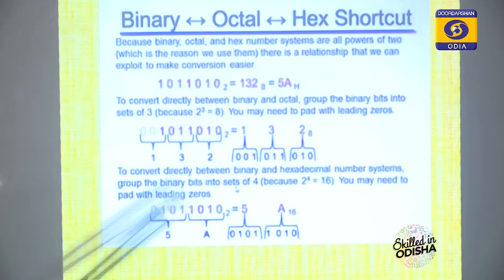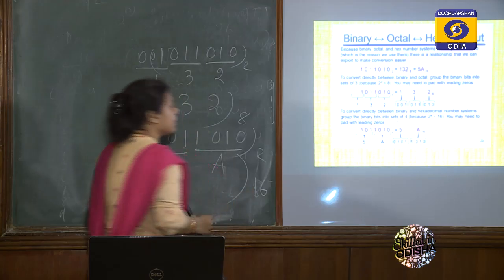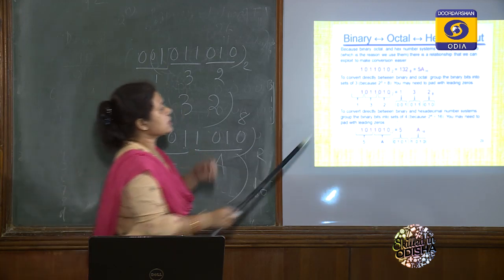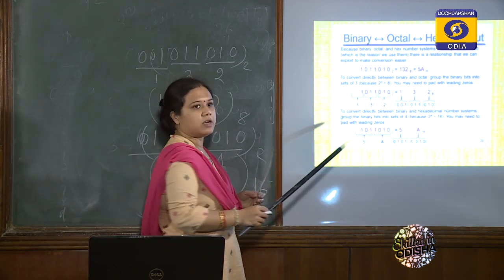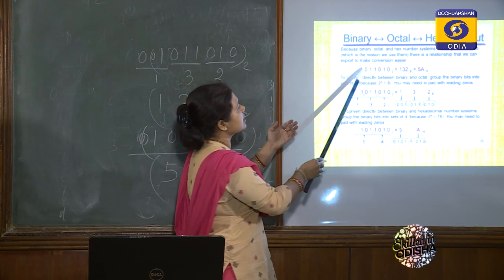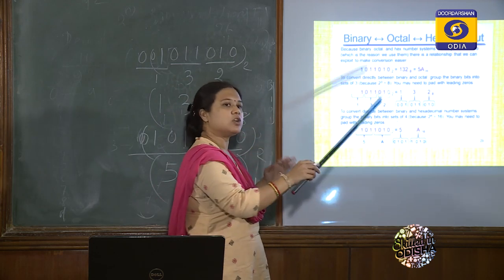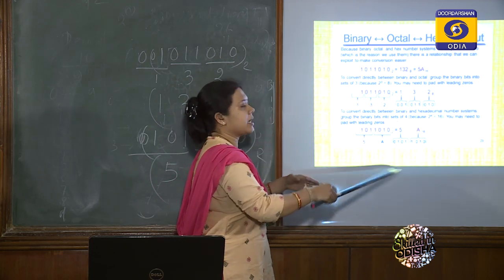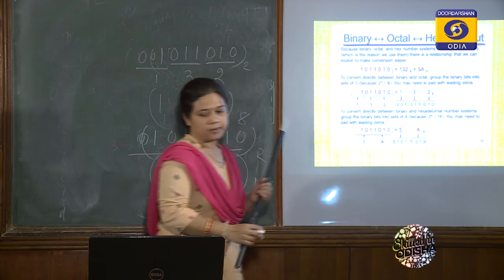So this will be A and this will be 5. Our hexadecimal representation will be 5A, base 16. This is the shortcut way for this conversion. Otherwise we can convert binary to decimal, and then decimal to octal or hexadecimal.